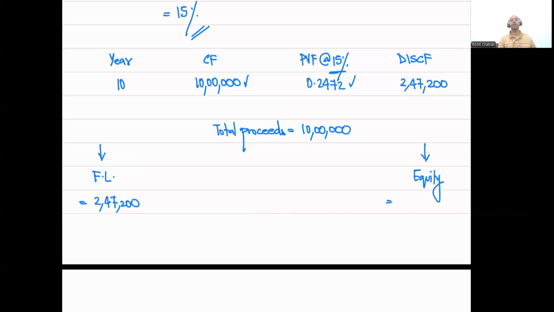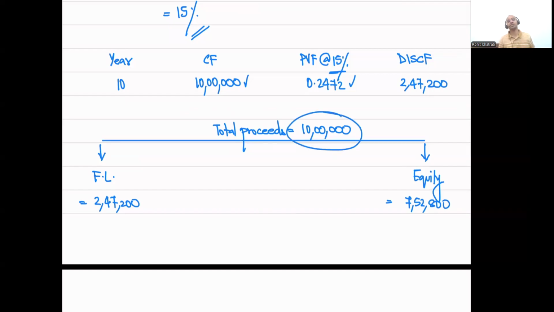By default, equity component is going to be calculated as a balancing figure, which is going to be equal to 7 lakh 52,800. Out of the total proceeds of 10 lakhs, 2,47,200 is the financial liability, and therefore equity will be 7 lakh 52,800.